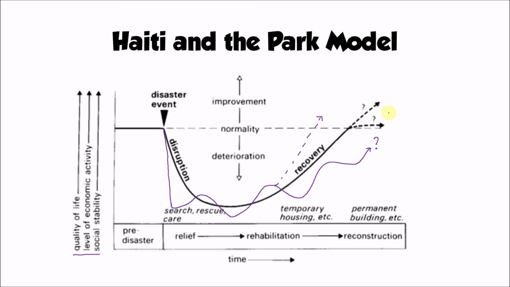So while the Park model is useful in helping us to understand generally what might happen following a natural disaster, when we try and apply it to a particular example like the Haiti earthquake, we can see that recovery is not necessarily going to fit that pattern perfectly.